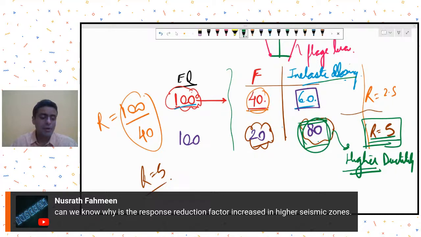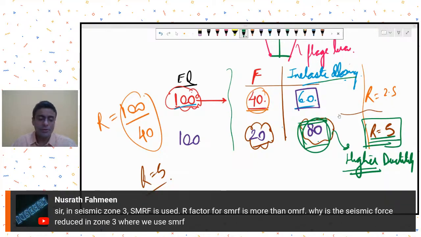That means we will choose systems which will have higher response reduction factor, and because we now need to ensure higher ductility in these systems, we have to follow all sorts of design and detailing principles for ductile design. Okay, is it clear? So this is a very crude way of explanation. I hope you got some understanding for it.